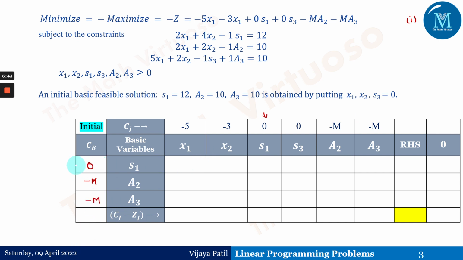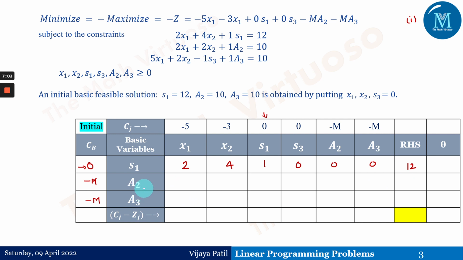Now for the first constraint, the coefficients of x1, x2, s1, s3, a2, a3 we have to put in the respective columns. So x1 is 2, x2 is 4, this is 1, this is 0, 0, 0, RHS is 12.